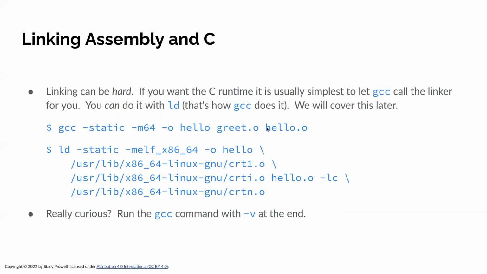If I wanted to turn that into invoking LD, I have to do all the additional work that GCC does. And this is some of it, but not all of it. I need to put the initialization of the C runtime, some other pieces, link with the standard C library, and then put the finalization in here and wrap all of that around my hello.o in the right way, and that puts it together.